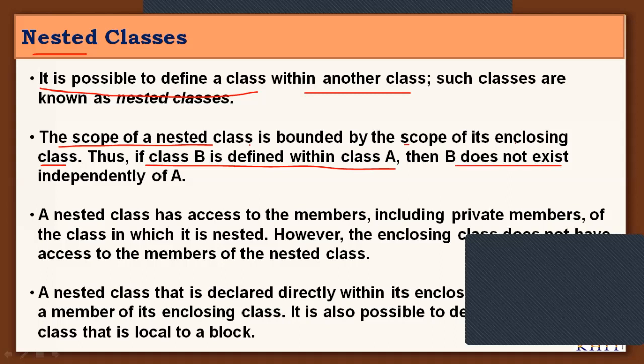And B does not exist independently of A, because B's scope is bounded by the scope of class A. It depends on the scope of class A. Next one: a nested class has access to the members, including private members, of the class in which it is nested. So the members, even private members, of class A can be accessed inside class B.